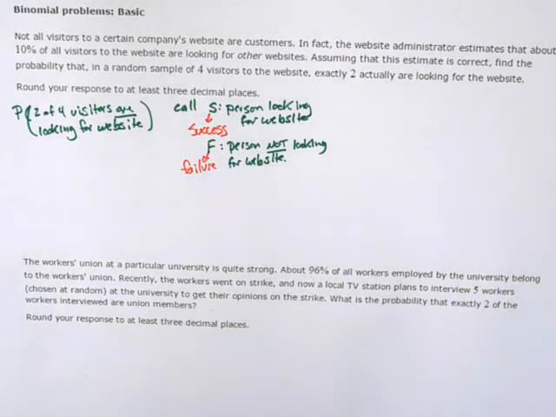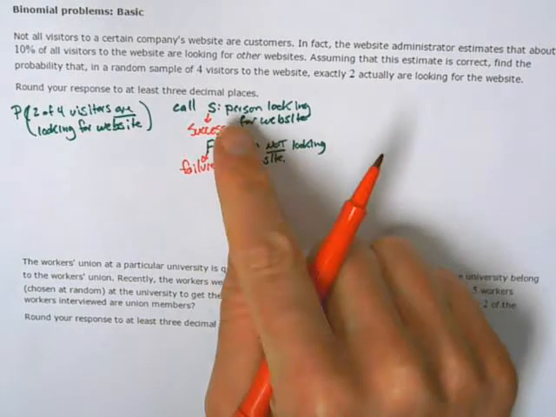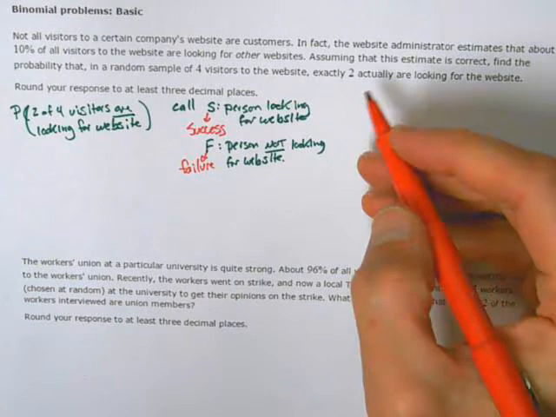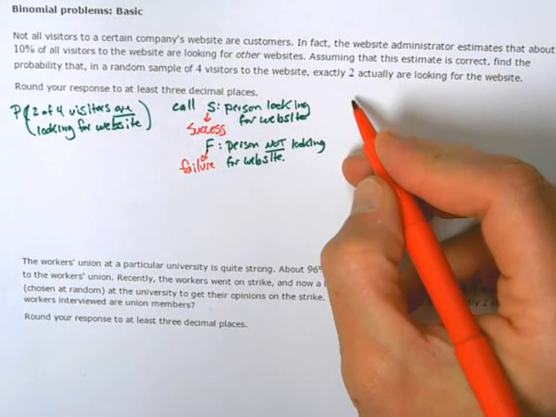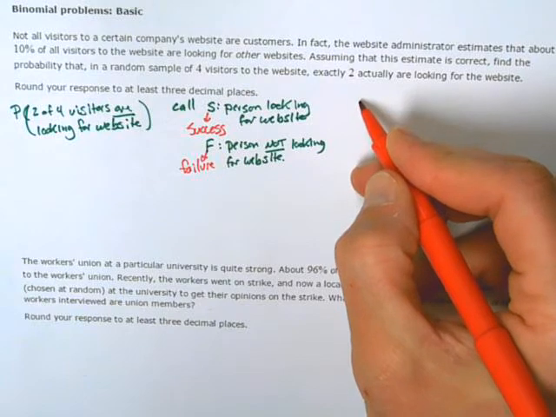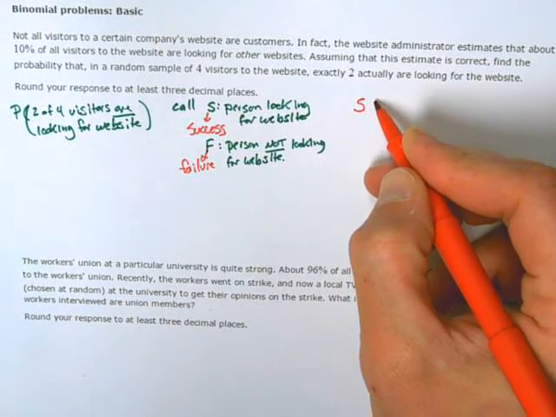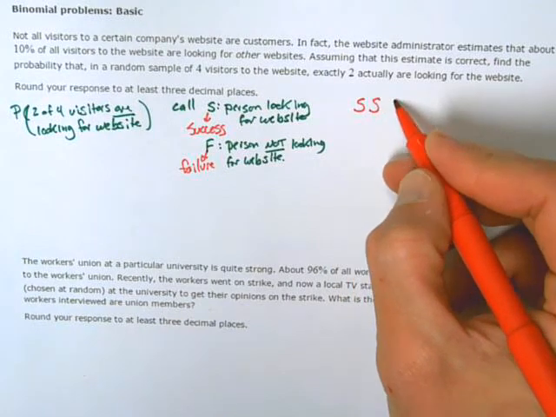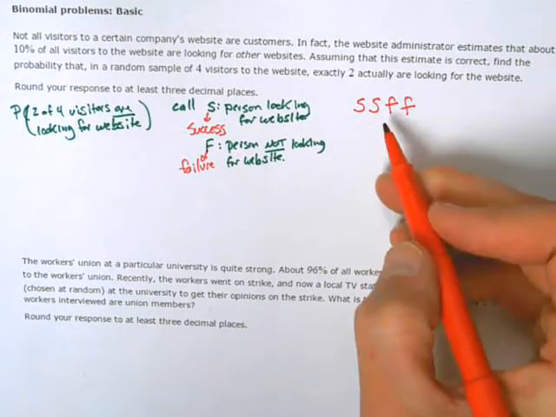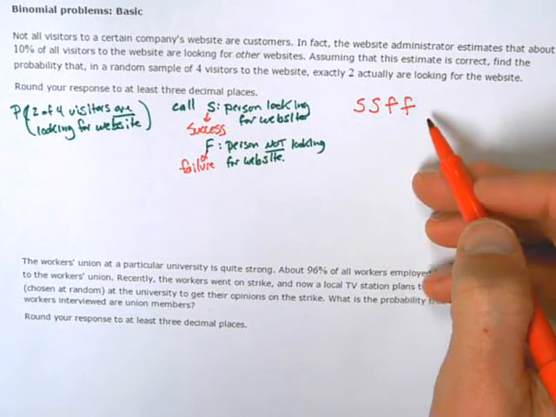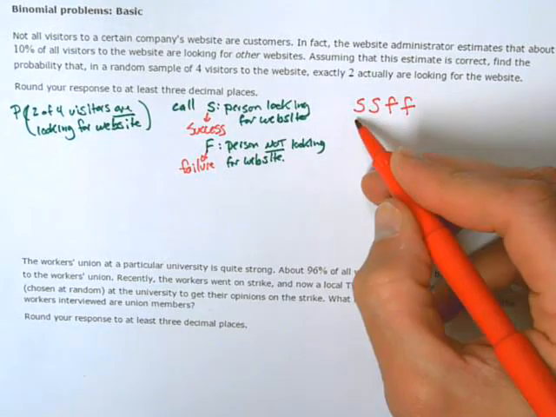Now, we have to figure out the probability that 2 of 4 visitors are looking for the website, or are a success. So I would imagine you would agree with me that one possibility would be, of the 4 people, we have a success, a success, and a failure, and a failure. Now it could turn out differently, as there are other possible combinations.